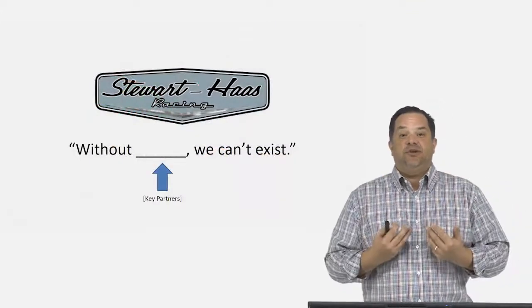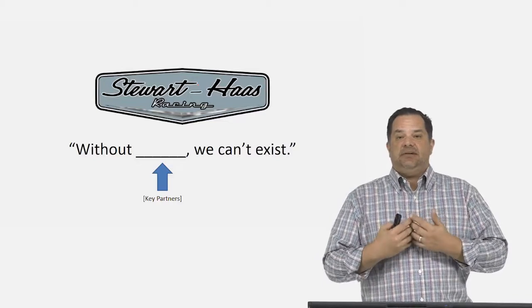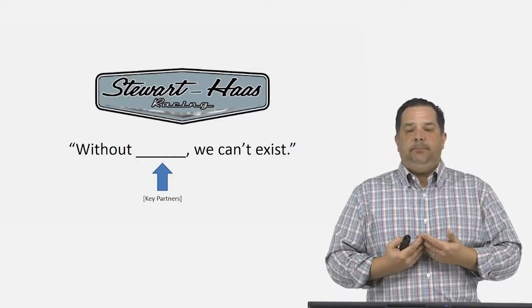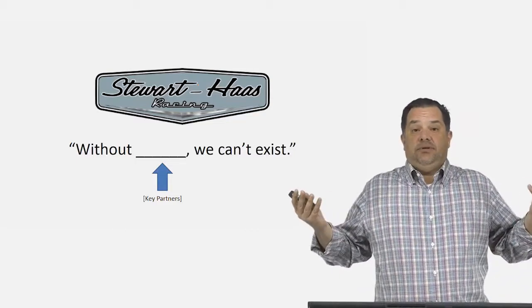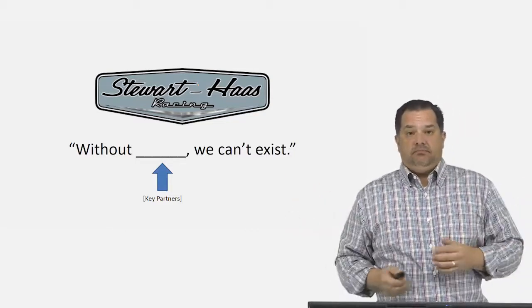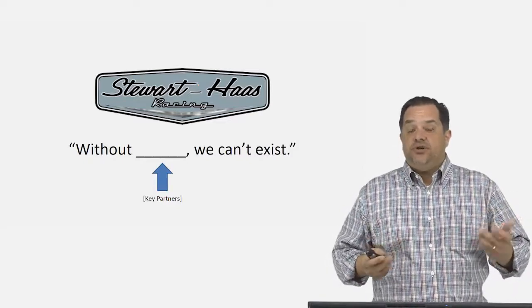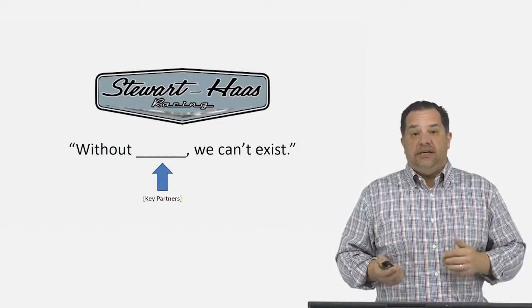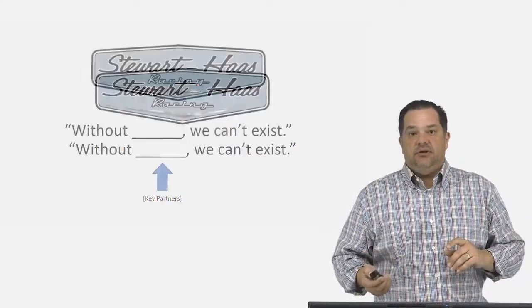So let's answer this question again. Our key partners, without blank, we can't exist. If we're a race team in NASCAR, who do we have to have in order to be able to do what we do? This is kind of a broad question, but again, we have to think about the key partners that are involved in our little business, our little part of the organization.